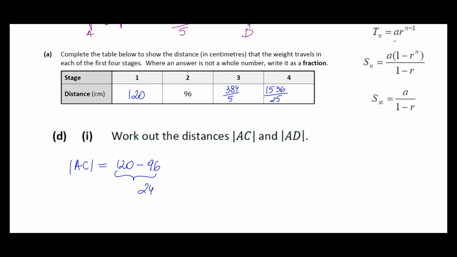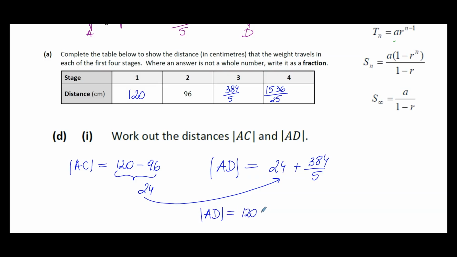So from A to D, that will be 24 plus 384/5. Now, how did I get that 24? From 120, I took away 96, and then I added 384/5. There is a reason why I am breaking it down like that.